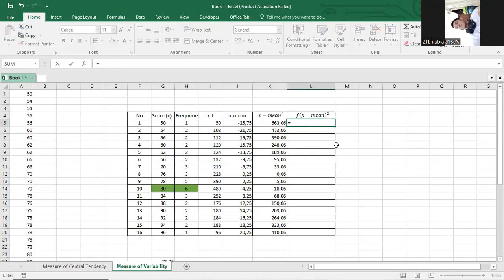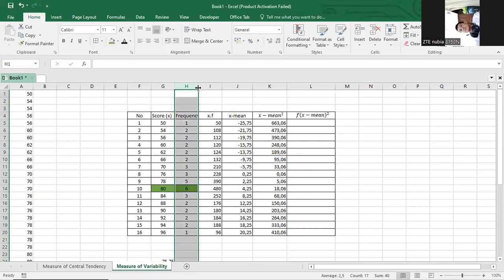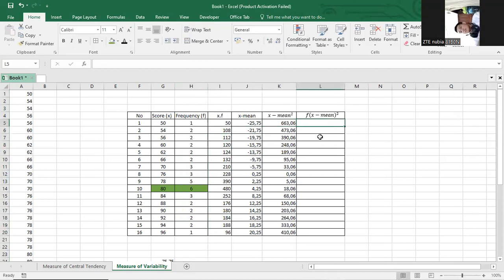Kemudian untuk mencari F dikali X kurangi min pangkat 2, caranya masih sama, yaitu dengan cara mengkalikan frekuensi, ya. The table of frequency. And we use tanda bintang, lalu kalikan yang ada di sini. Lalu kita drag sampai ke bawah, maka akan ditemukan hasilnya.